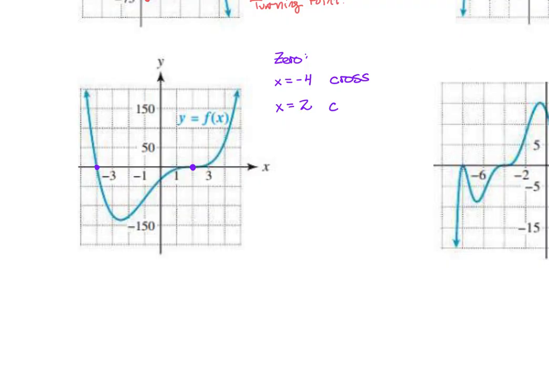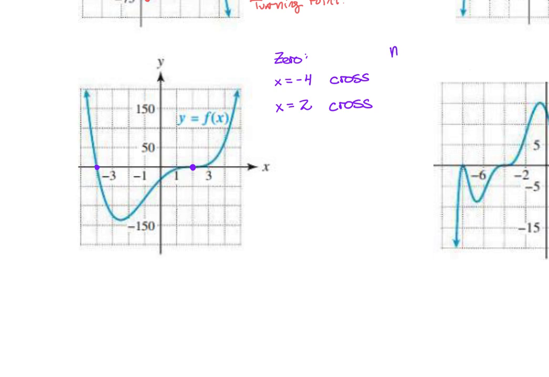Similarly, for x equals 2, it does cross, but notice that this one does not look linear. If we look at it here, we're coming up, we're shallowing out, and then we're taking off again. So even though it does have an odd multiplicity, it's not going to be 1.